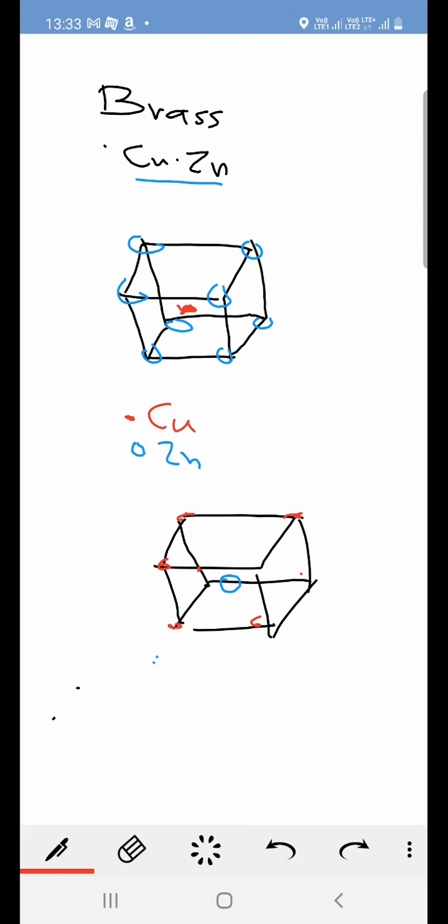So basically, there are two interpenetrating cubic lattices.